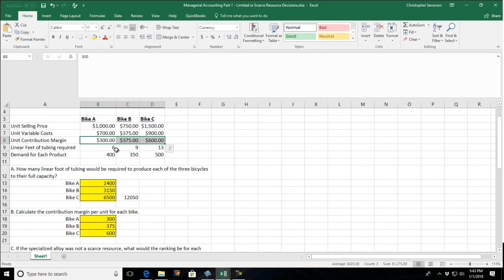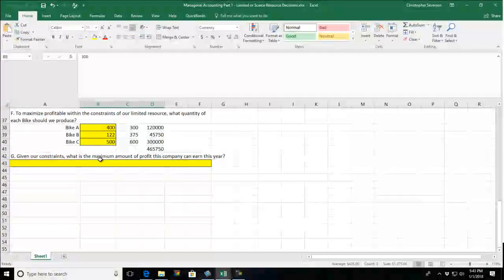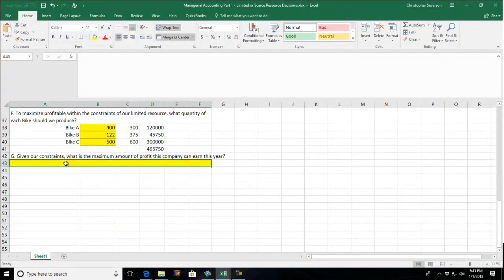But absent any information about fixed cost, the question says, what is the maximum amount of profit this company can earn this year? The absolute maximum would be 465,750 if there were no fixed costs. Again, we don't know for sure if this is the case, but it's just something to think about.